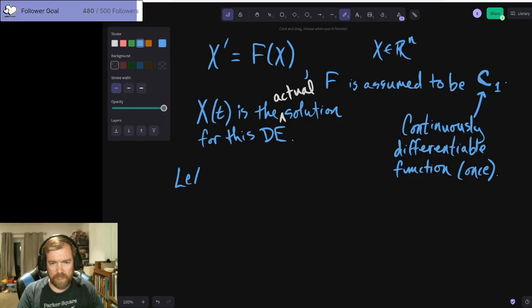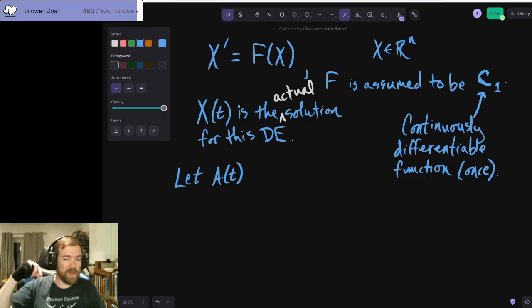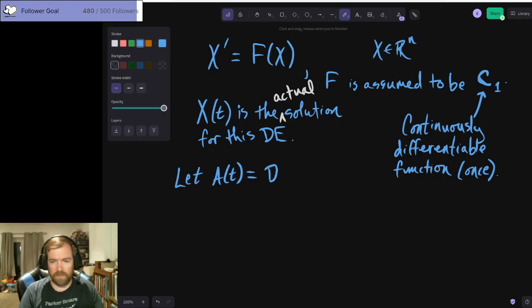And we're going to let A of t, which is now going to be our transformation matrix as a function of time as we go through this, be equal to our diagonalized matrix. So if we remember from before, this had, was it the eigenvalues along the diagonal and zeros elsewhere? Something like that. Maybe e to the eigenvalues. Fair enough, right.